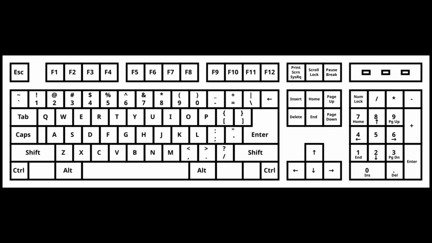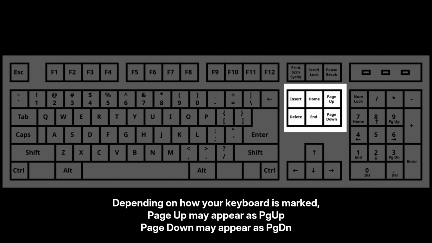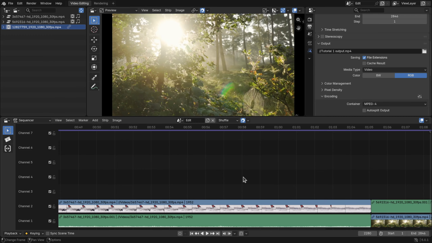Just to be clear, in this tutorial I'm mentioning the Home and Page Up and Page Down keys. I'm referring to the keys which are in between the main keyboard and the numeric keypad. The first useful key is the Home key.